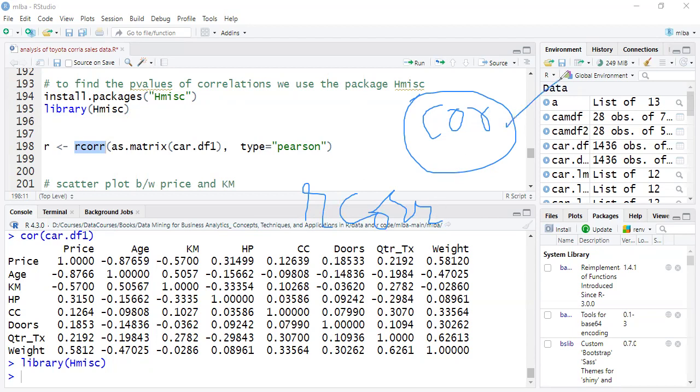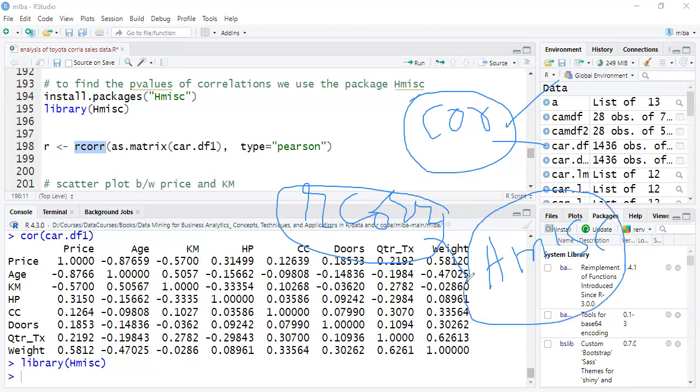The first can be executed by R directly. The second cannot be executed by R directly because it is a command in the Hmisc package. So install the package first and load the package first, then run this command.